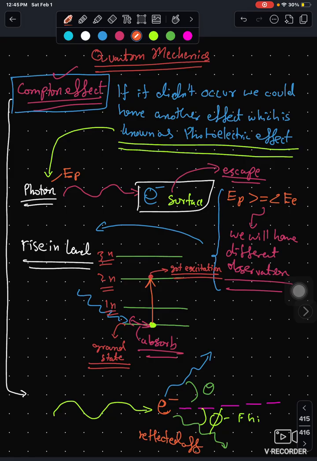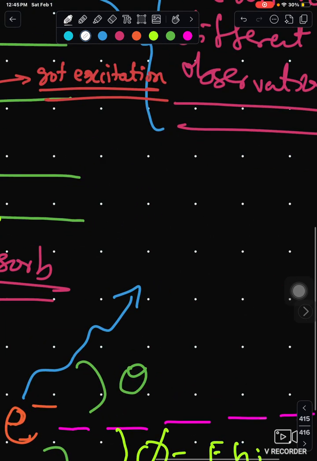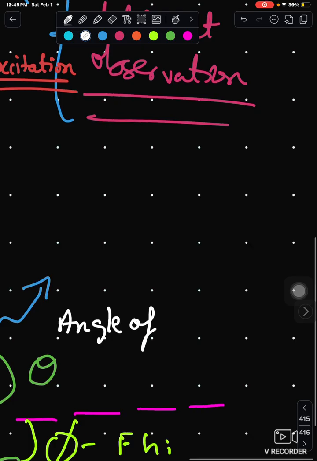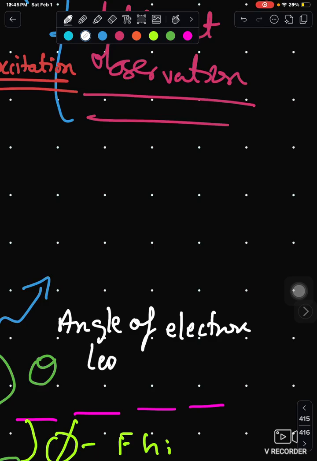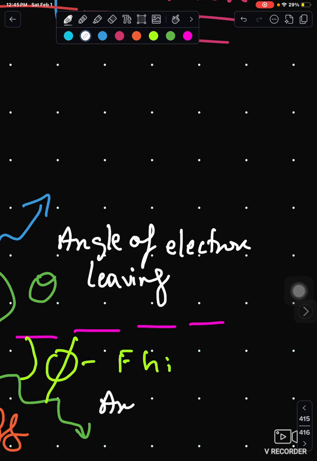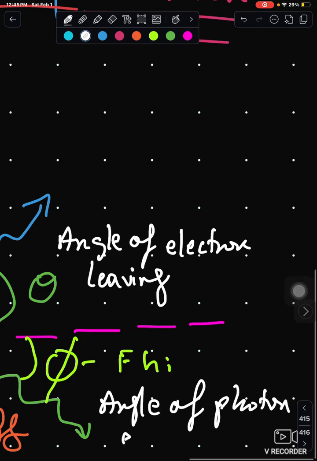Okay, now let me do the labeling. This is the angle of the electron leaving, and this one is the angle of the photon leaving or reflecting.